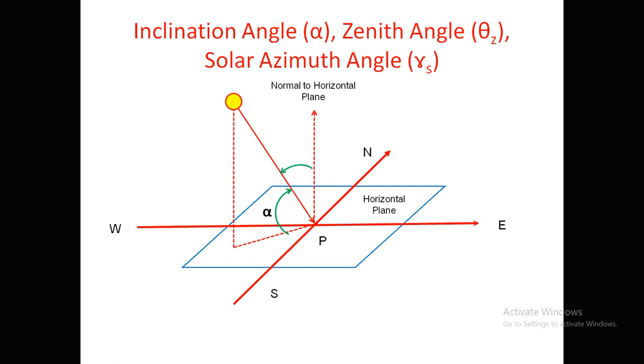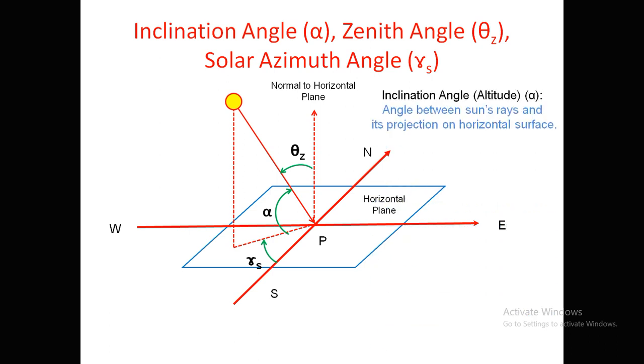This angle is called the zenith angle, the angle between the sun's rays and the normal to the horizontal plane, theta z, zenith angle. And this angle is called gamma s, the angle between the projection and due south. Okay, let us formally see the definitions of them.